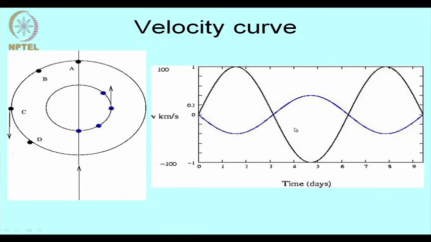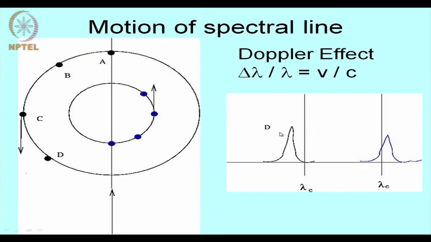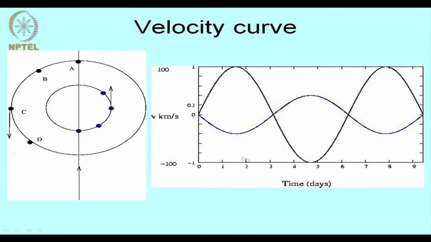So, the shift in the wavelength is going to go up and down like this. Similarly, this wavelength is going to go up and down like this. And if I plot the wavelength, the shift in the wavelength can be used to infer the line of sight component of the velocity, and this is what the line of sight component of the velocity looks like.